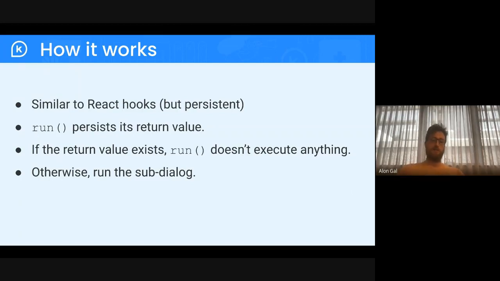And if I don't, I actually enter it and run it and then persist the return value when I'm done. So this is how we trick the code into starting in the middle rather than doing everything. It's a sort of checkpoint mechanism. We know how many run commands we already passed, and then we jump into the correct place in the code to continue the execution.